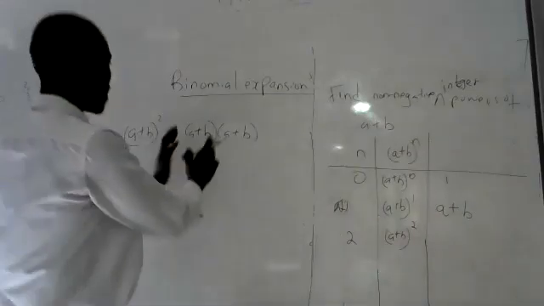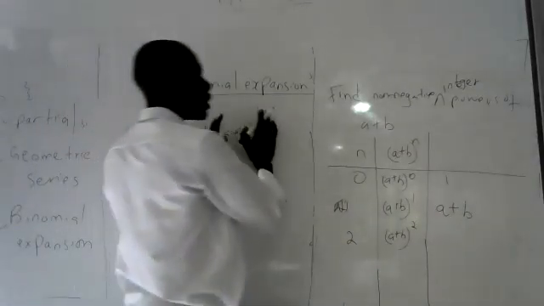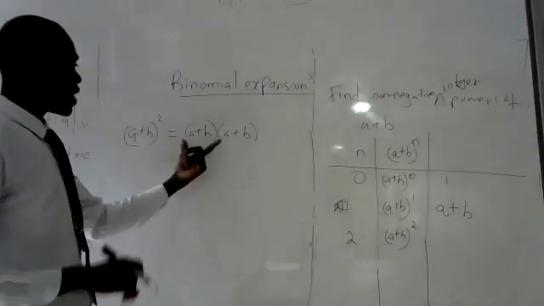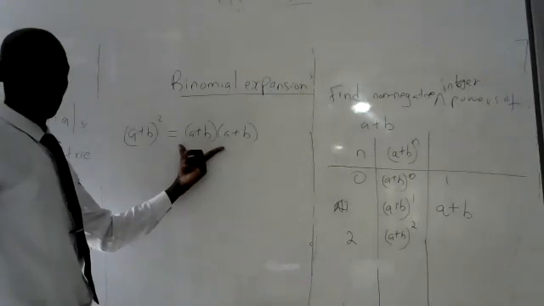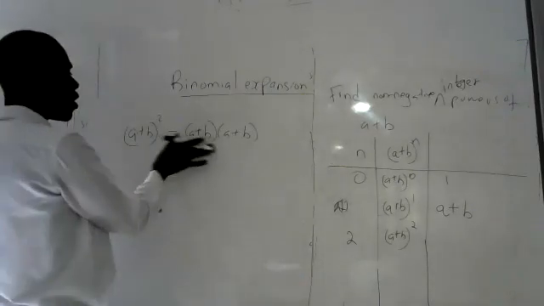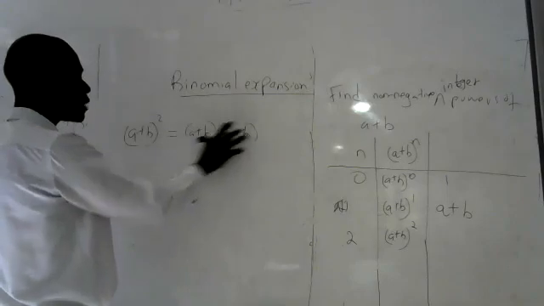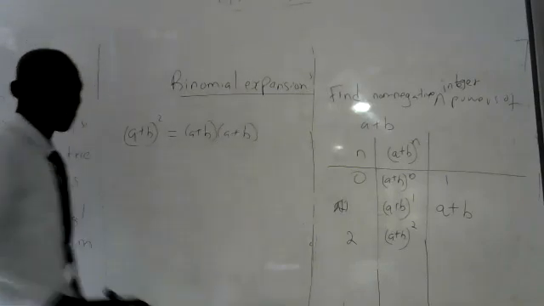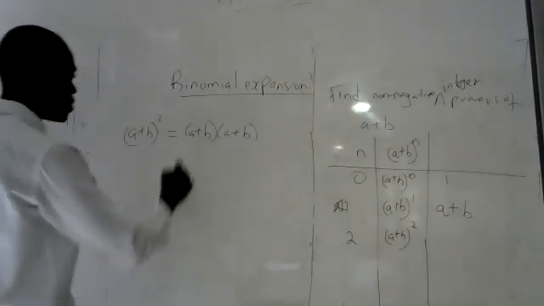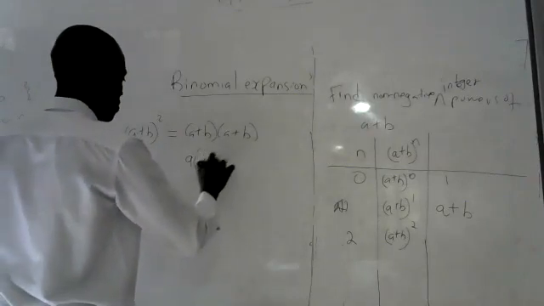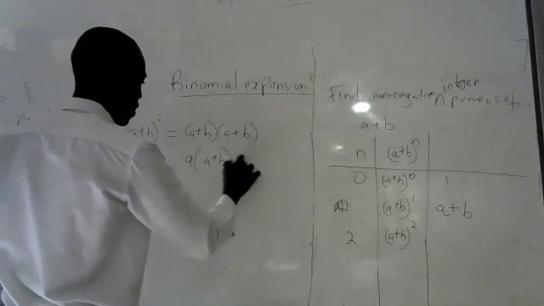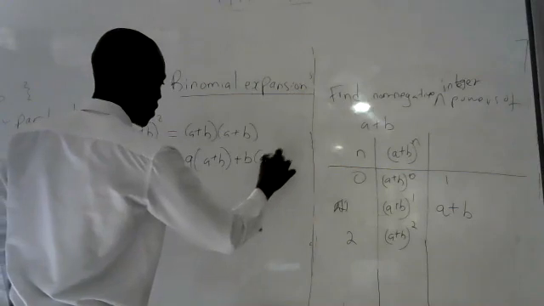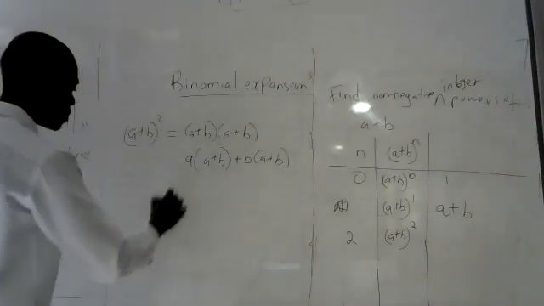So I'm just taking a plus b multiplied with a plus b. We've done expansion, so we take all the terms in the first bracket multiplied by all the terms in the second bracket and then add them up.